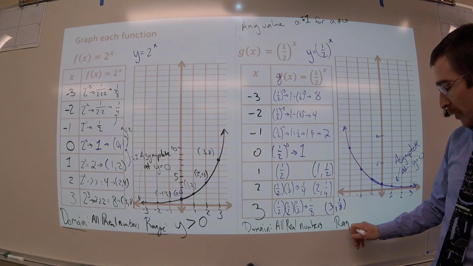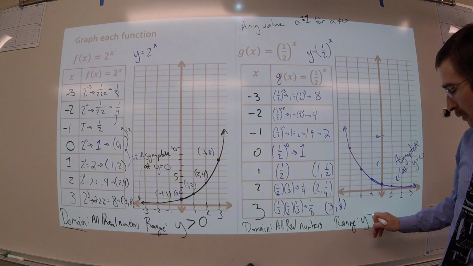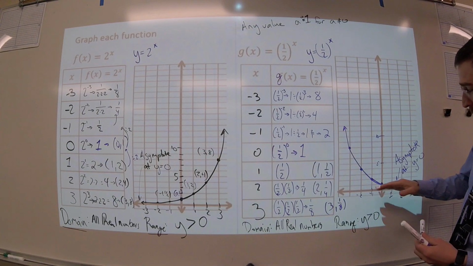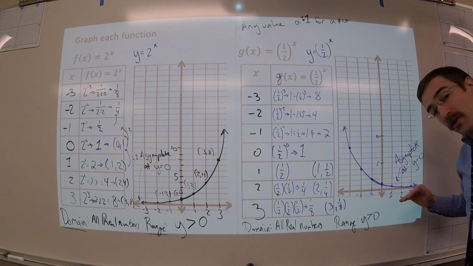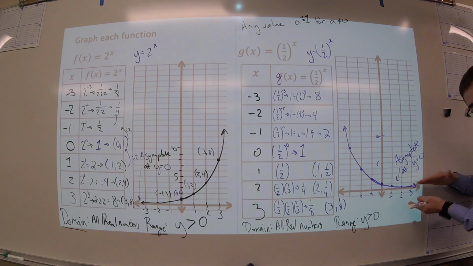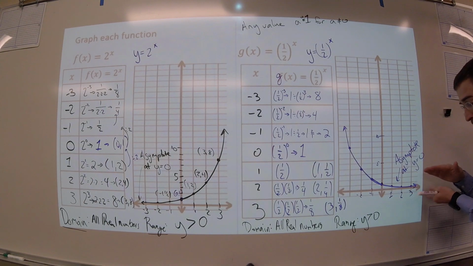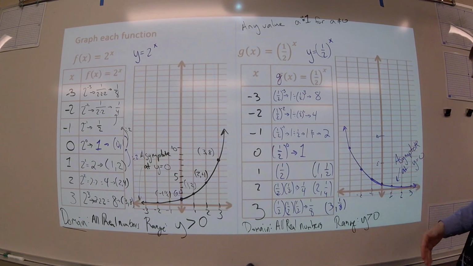And then the range, once again, is going to be y is greater than 0, because we get all these positive numbers, and as we go to the right, as our x numbers get larger and larger, we're going to approach 0. Our values are going to get smaller and smaller and smaller, but they're going to stay above 0.